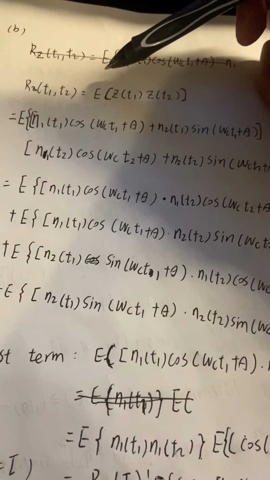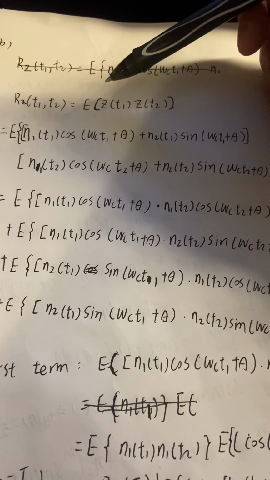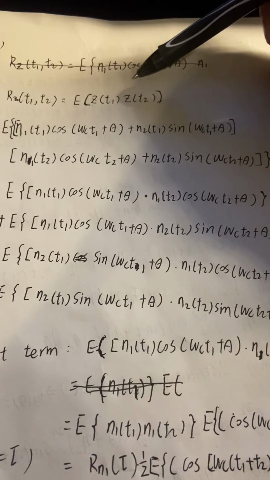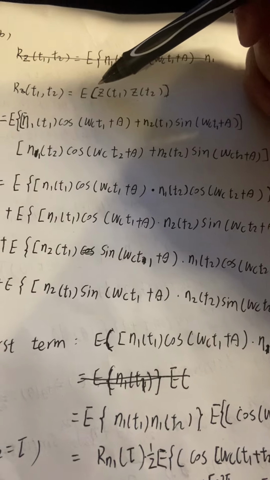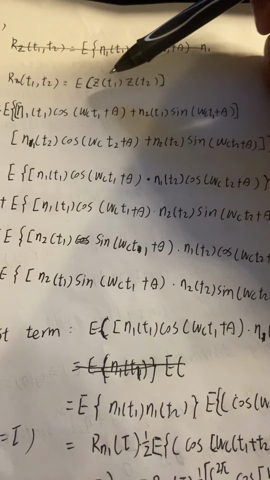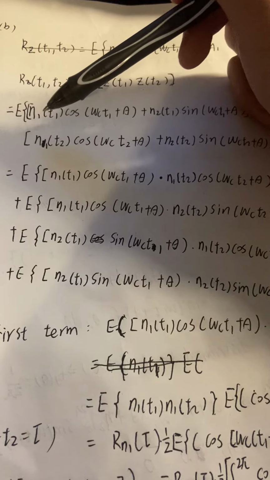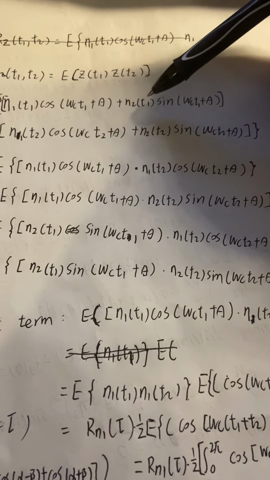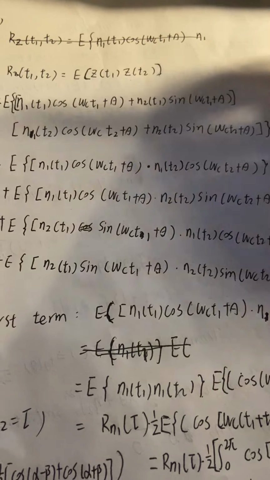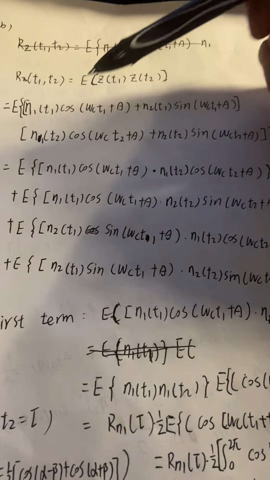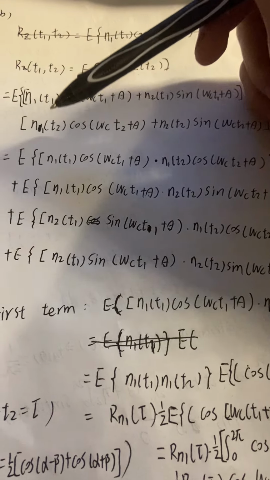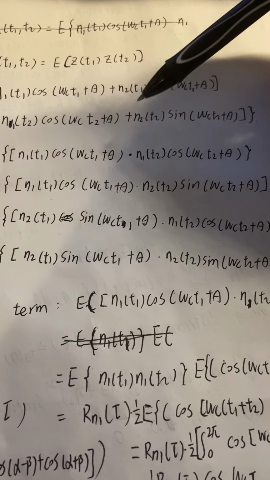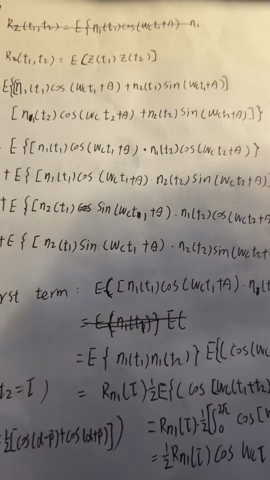By the definition, R_Z(t1, t2) is the expected value E[Z(t1) Z(t2)]. Z(t1) is N1(t1) cosine plus N2(t1) times sine, and Z(t2) is N1(t2) times cosine plus N2(t2) times sine.